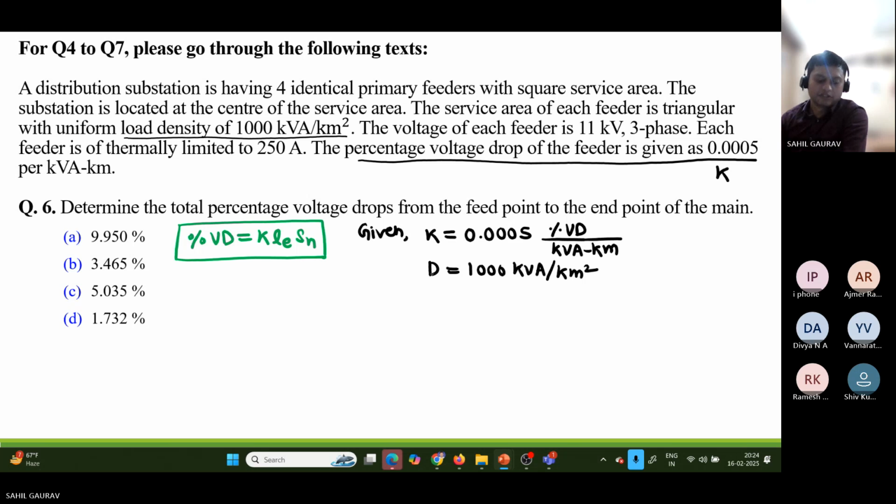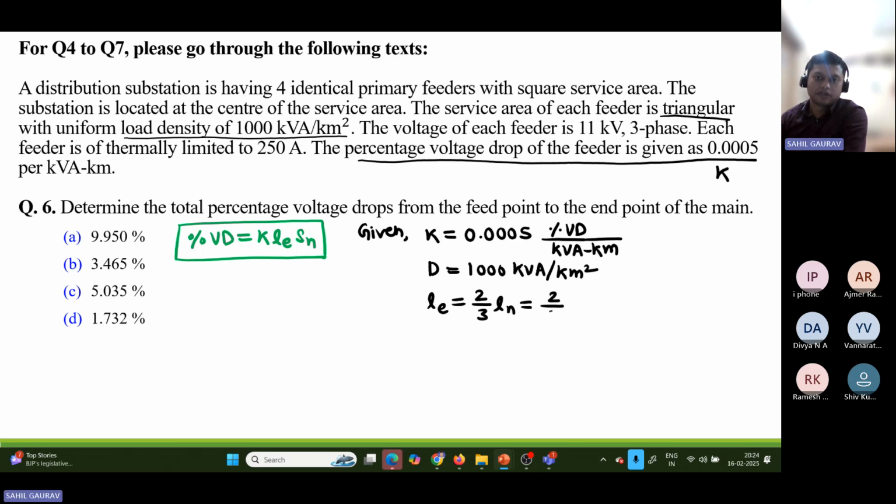Now LE is given as, since this is a square shaped substation service area, L effective will be 2/3 of L4.